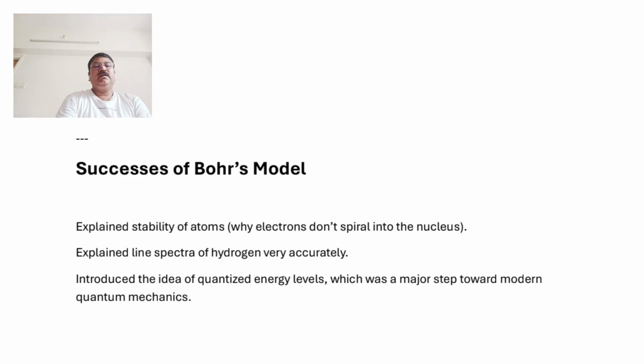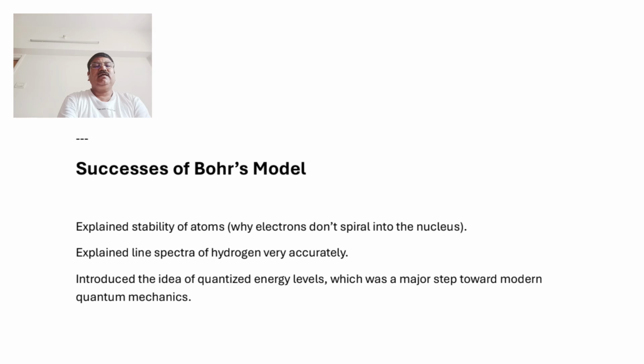Then, third, he introduced for the first time the idea of quantized energy level. Once again, I repeat, what is the quantized energy level? Each orbit has its specific energy. Orbits have their own energy levels, and electrons present in the same energy level orbit have specific energy, that is called quantized energy levels.